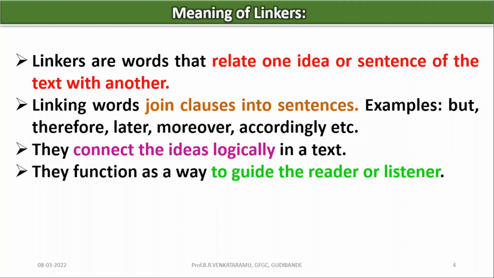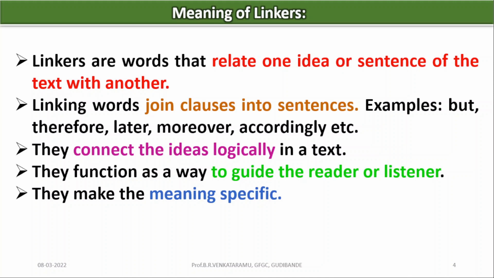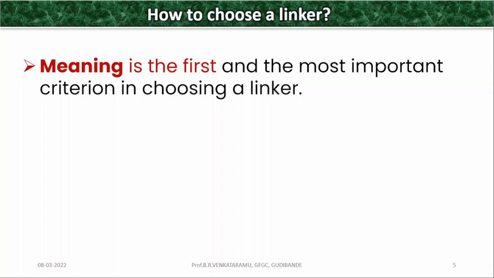They function as a way to guide the reader or listener. Linkers are especially useful when making arguments and are an important part of any type of analysis. They make the meaning specific. Now the question is how to choose a linker.